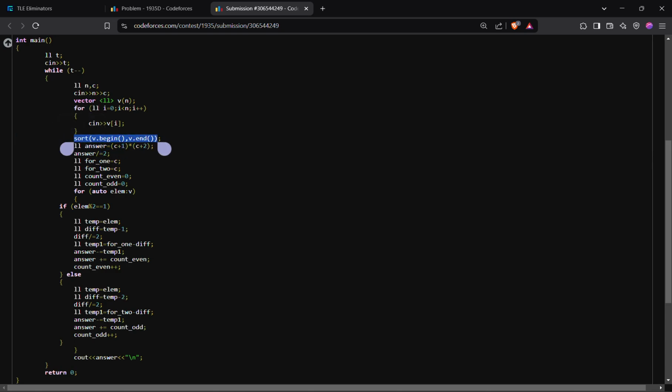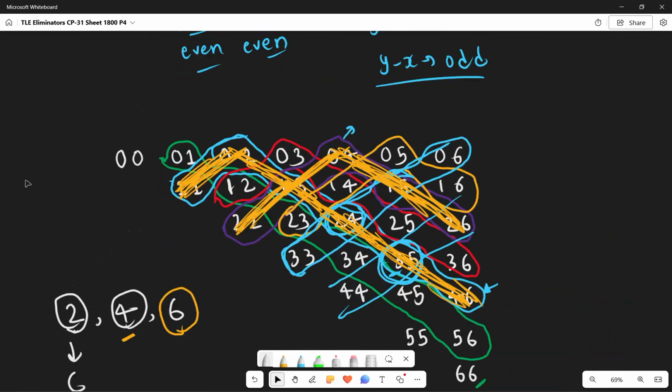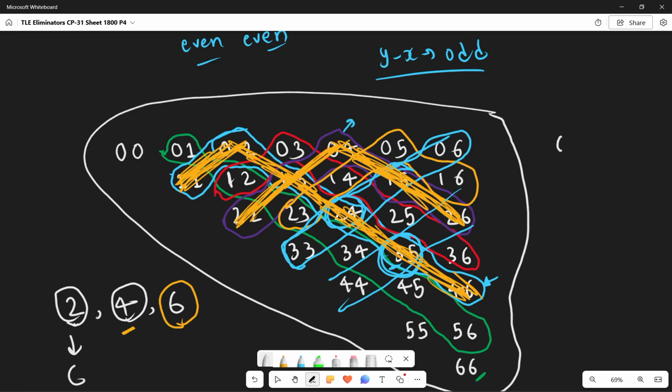I forgot that it was already sorted. So if it wasn't, anyway, sort it, and you will declare your answer with C plus 1 into C plus 2 by 2. Why that? Because in this whole diagram there are C plus 1 into C plus 2 by 2 pairs.